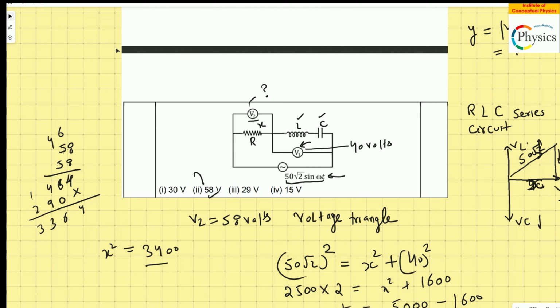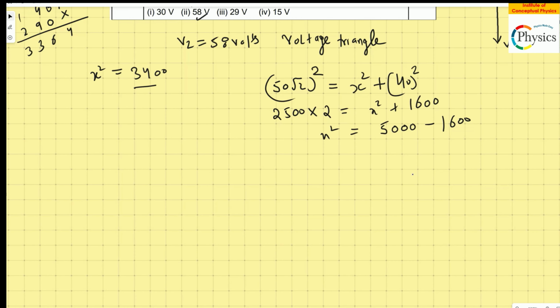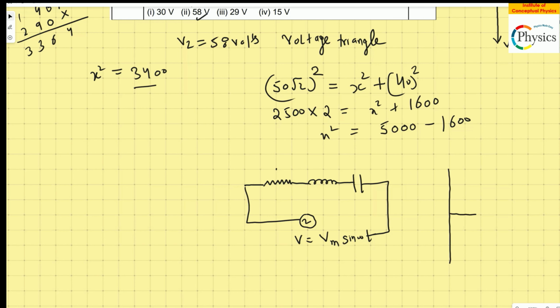So I hope this is clear in your mind. I will give you a quick explanation here. If you are given an RLC circuit, and you apply an AC voltage where V is given by Vm sine omega t, the triangle is made with the x-axis as the resistor.